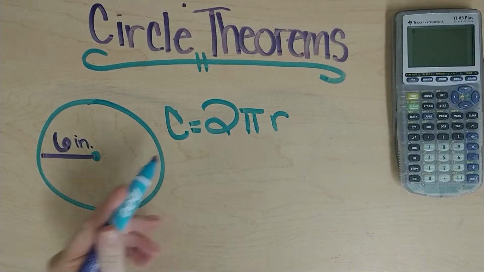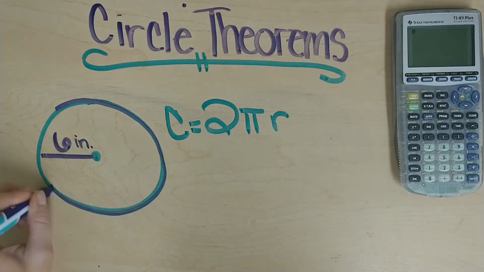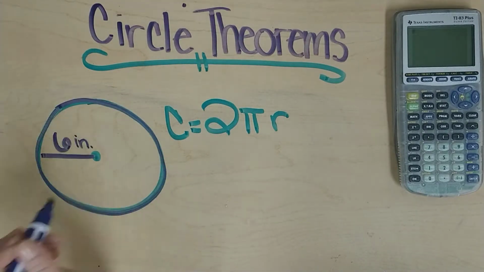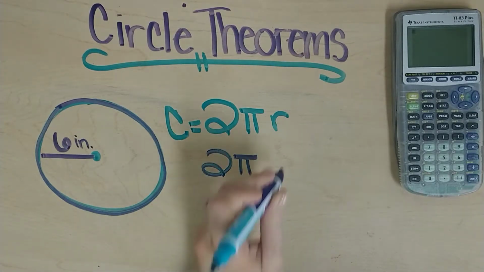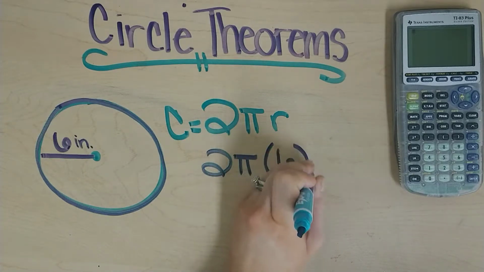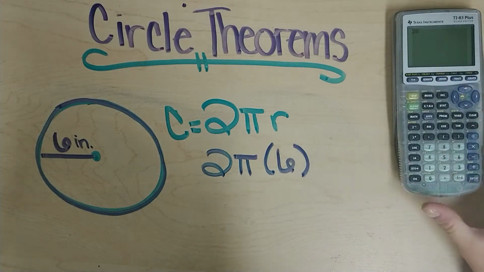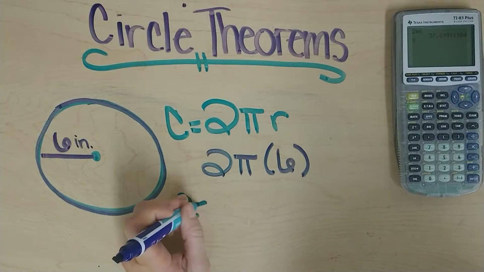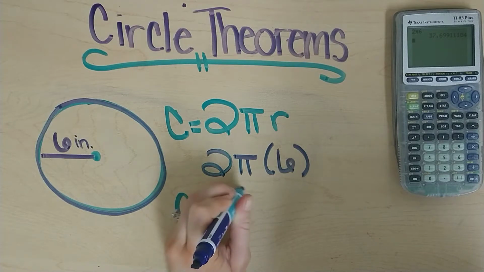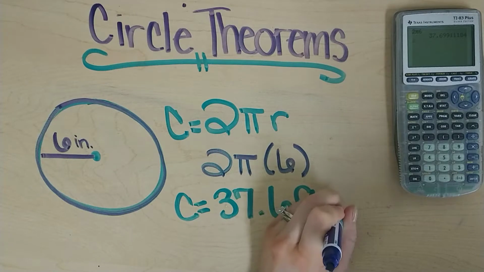In order to solve for a circumference, which is this entire pie crust, is 2 times pi, in this case, 6. So on my calculator, I'll be typing in 2 pi 6. My answer is 37.69 inches.